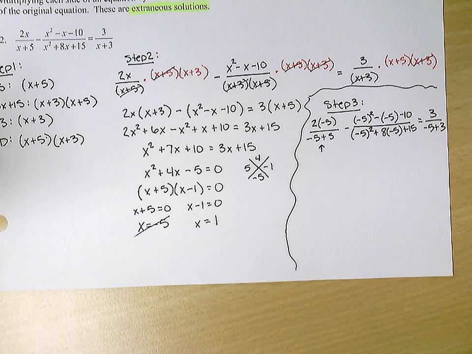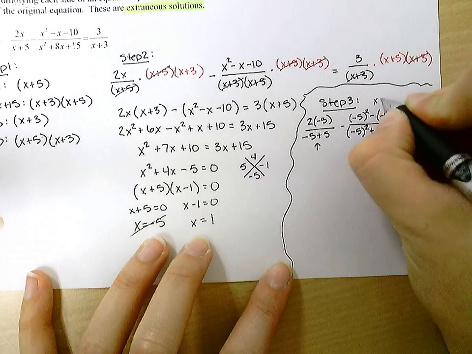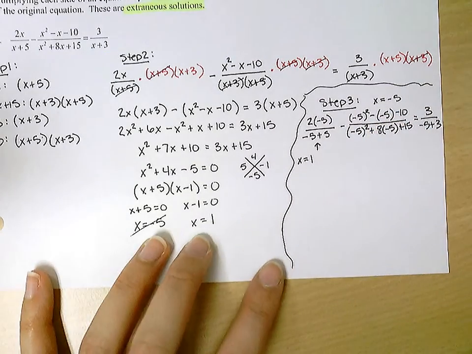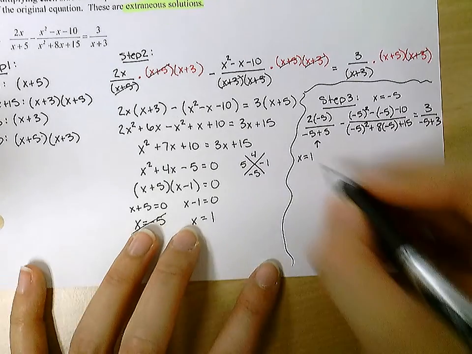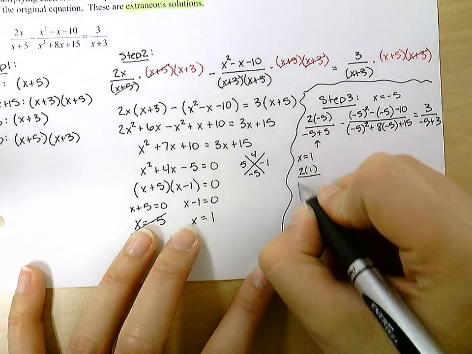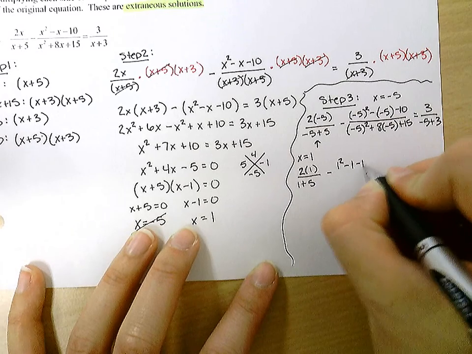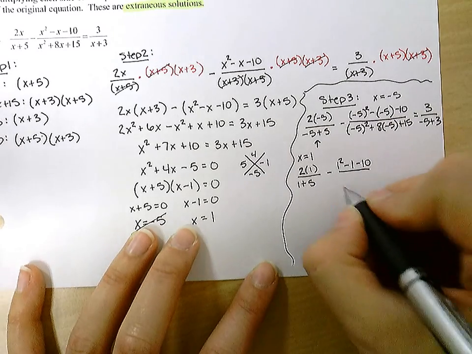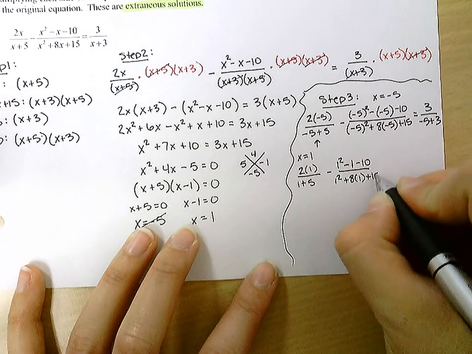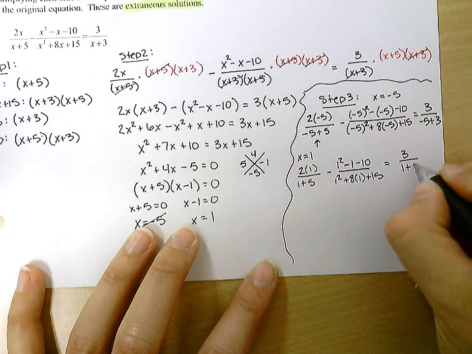Then I do want to plug in 1. This one was when x is equal to negative 5, so now we're going to do when x is equal to 1. We'll have 2 times 1 over 1 plus 5, minus 1 squared, minus 1, minus 10, over 1 squared plus 8 times 1 plus 15, equal to 3 over 1 plus 3.